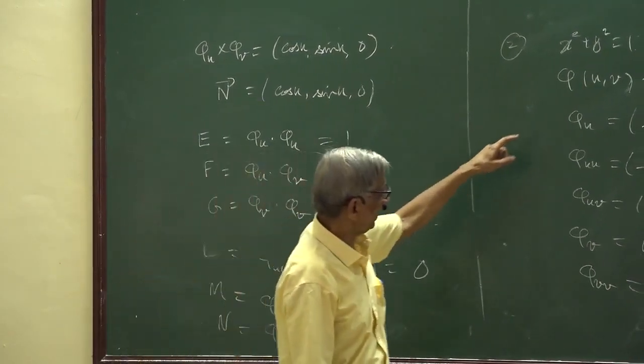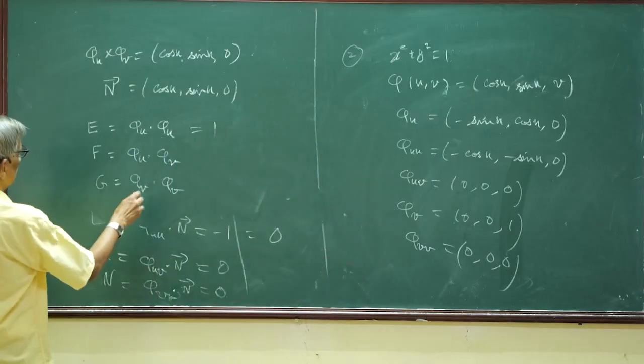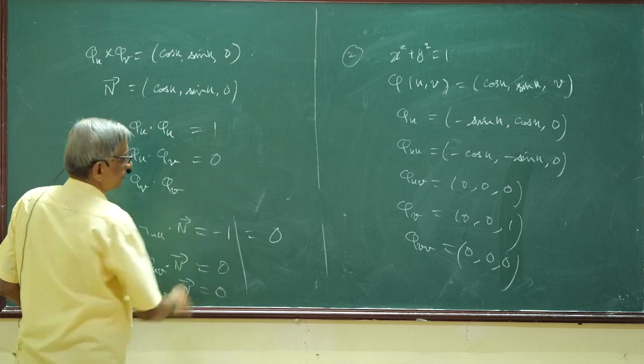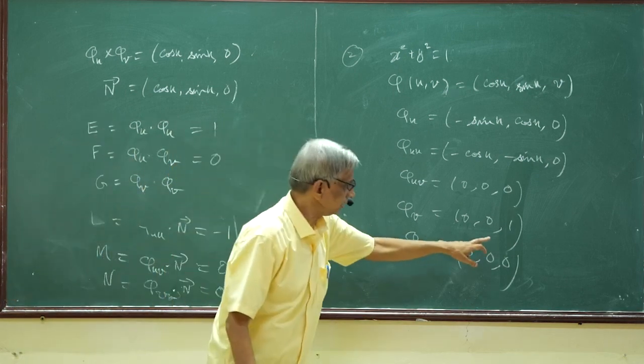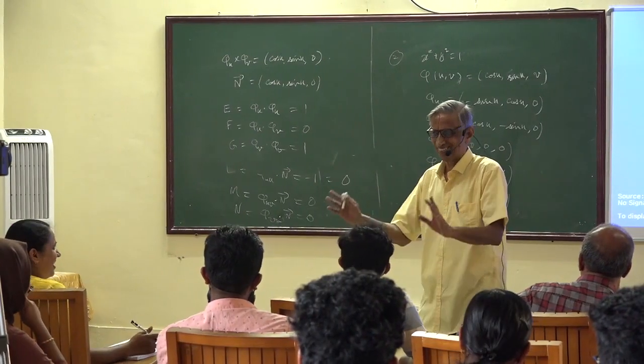Phi u dot phi v is 0. Phi v dot phi v is 1 again. So now the denominator is 1, numerator is 0. But then how did we say earlier that the denominator is 0?